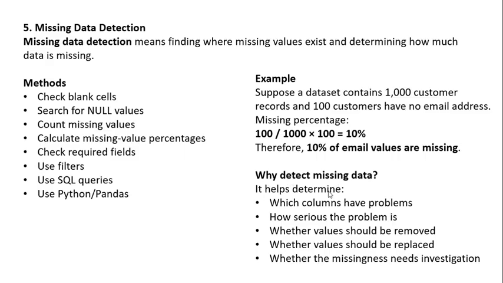It helps determine which columns have problems, how serious the problems are, whether a value should be removed, whether the value should be replaced, and whether the missingness needs investigation.